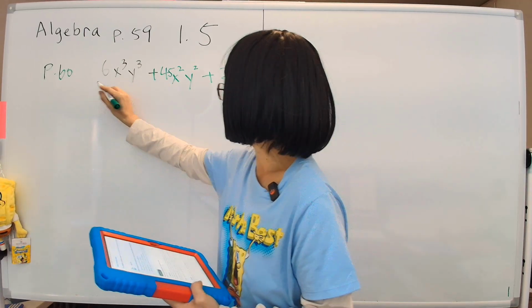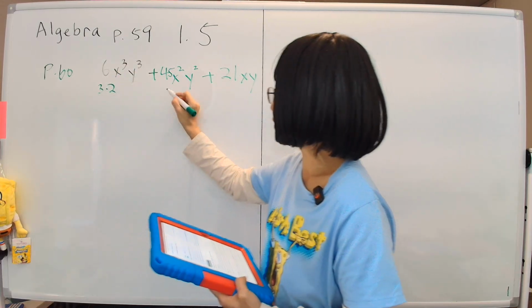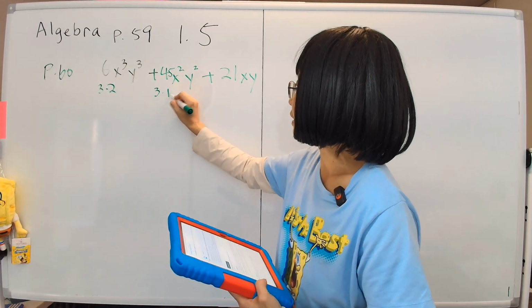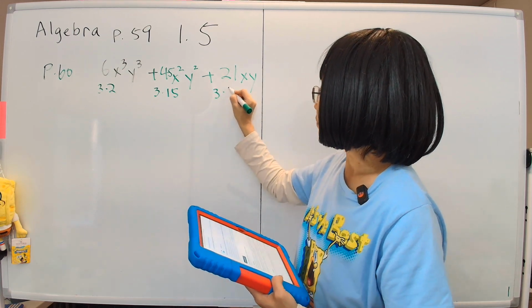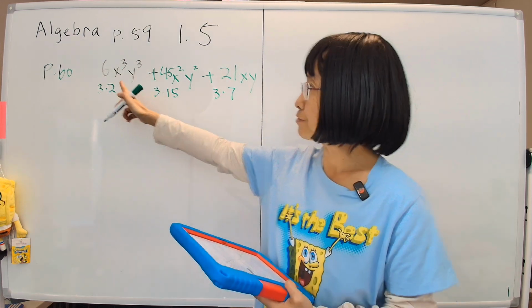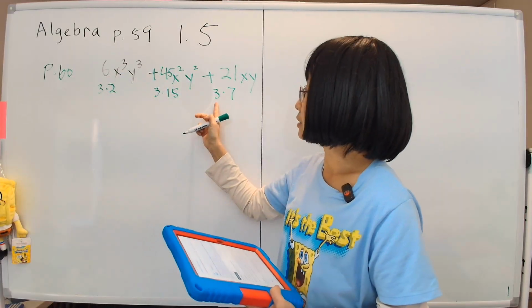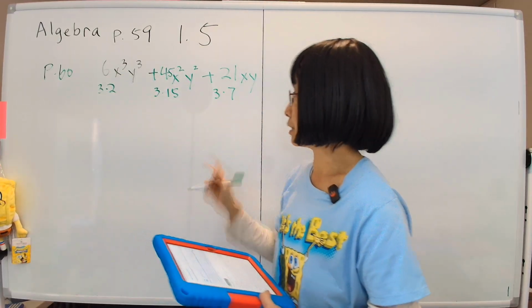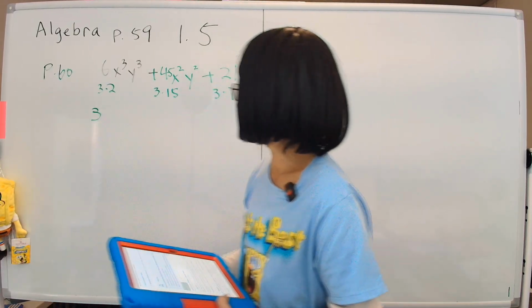This is 3 times 2, which becomes 6. This is 3 times 15, which becomes 45, and 3 times 7 becomes 21. So the common factor for just the numbers, that is the coefficients, is simply 3. There is no other common factor.